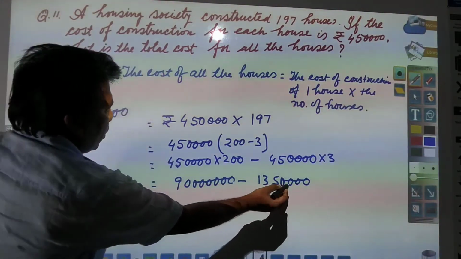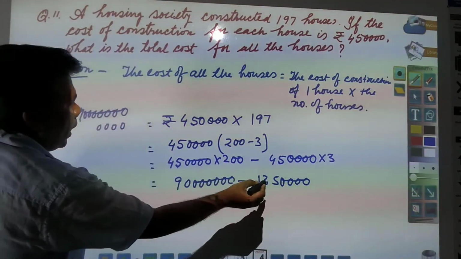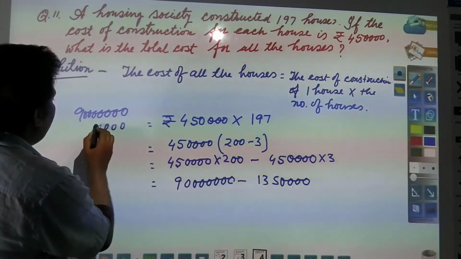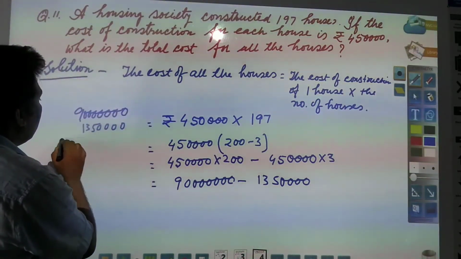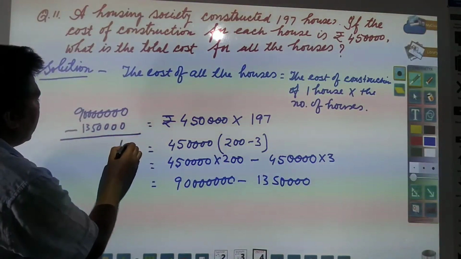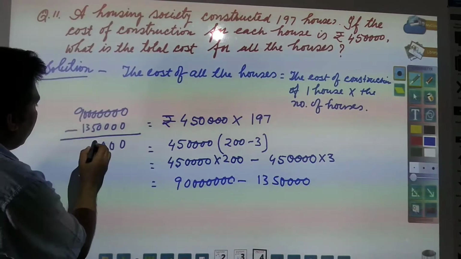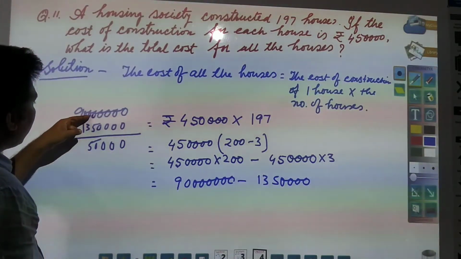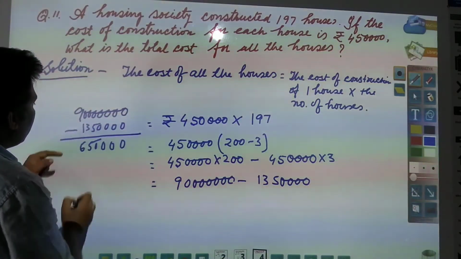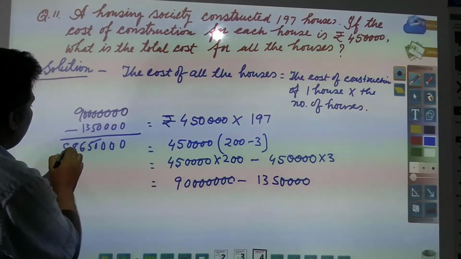Here you have 4 zeros and 135. You subtract this, you will get 0 0 0 0. 10 minus 5 is equal to 5, and here you will have 9 minus 3 is equal to 6, 9 minus 1 is equal to 8, and here you will have 8.